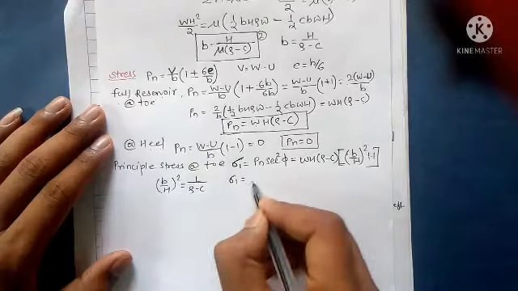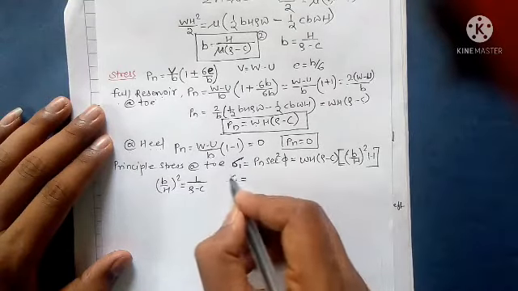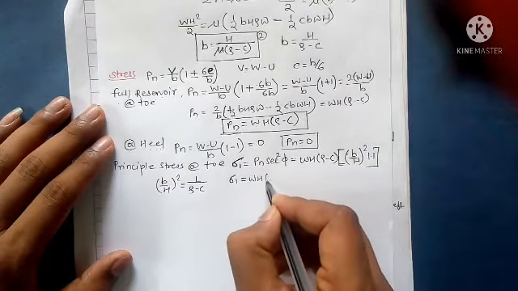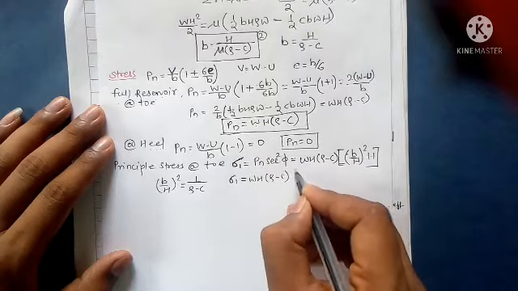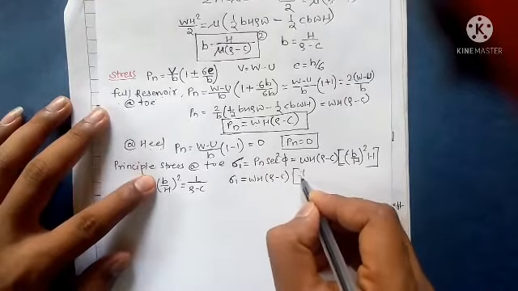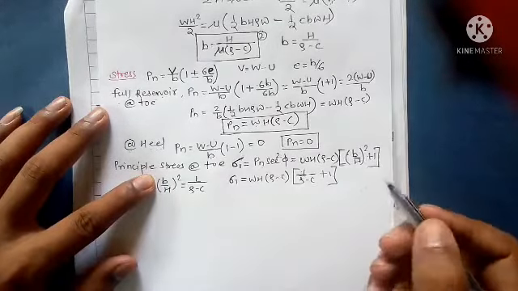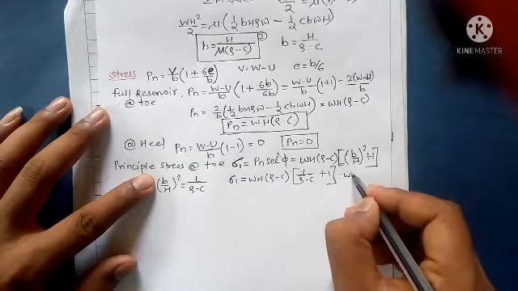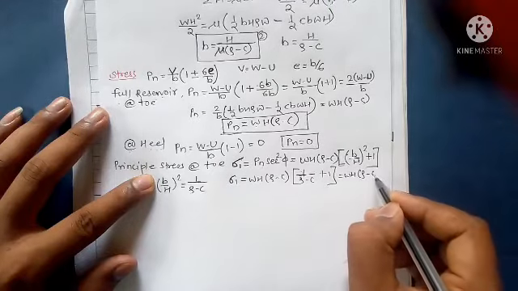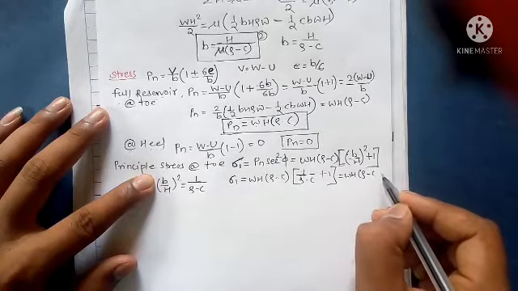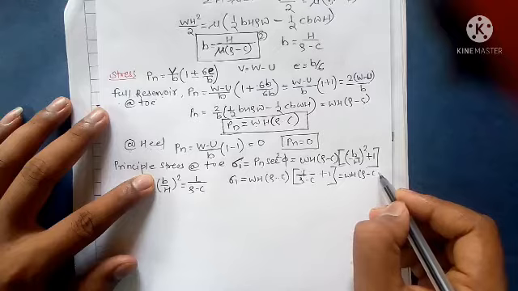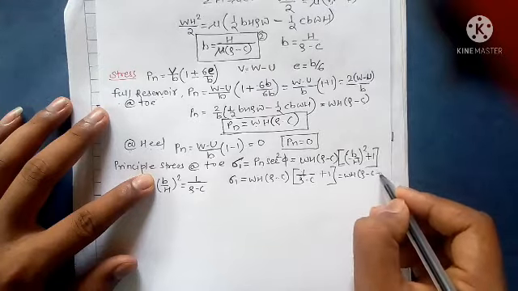So sigma 1 is equal to wH (rho minus C) into bracket 1 upon (rho minus C) plus 1. Simplifying this, we get wH into (rho minus C) into (rho minus C) plus 1.